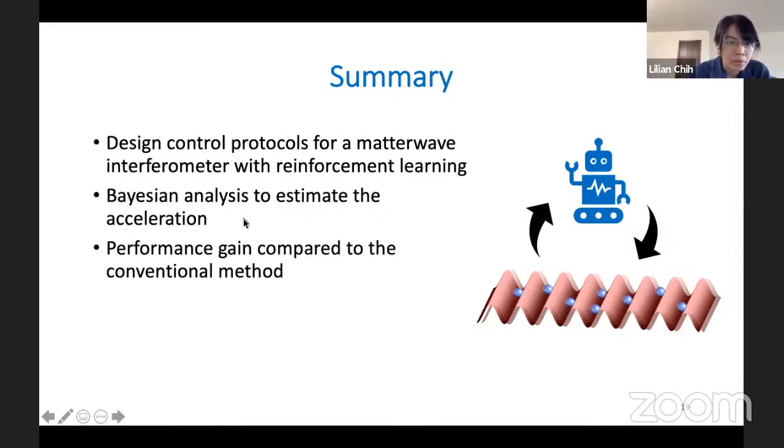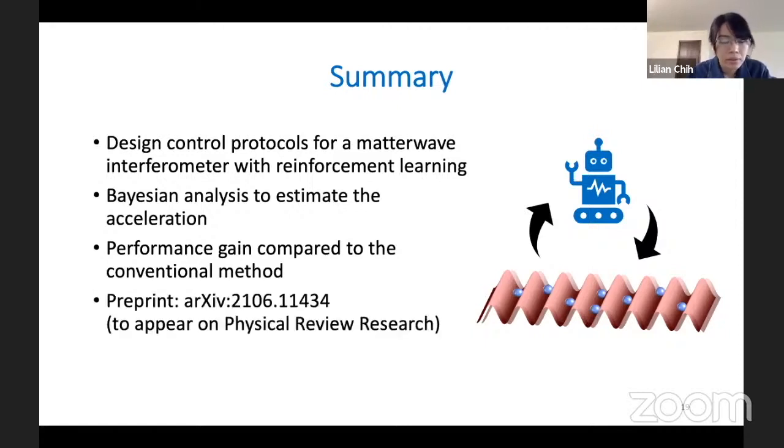From our analysis, we found that the shaken lattice interferometer performs better than the conventional method. If you're interested in more detail, please take a look at our paper on arXiv.